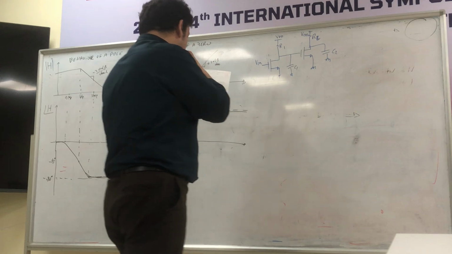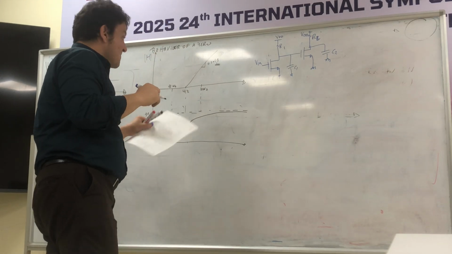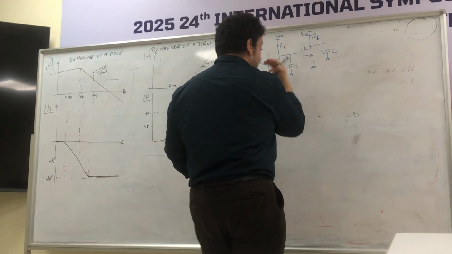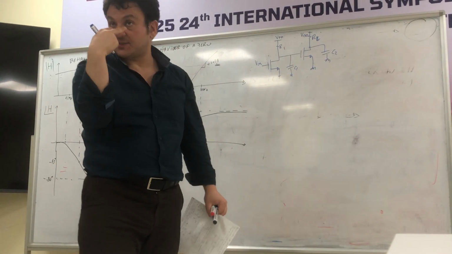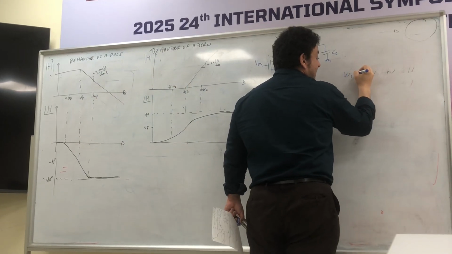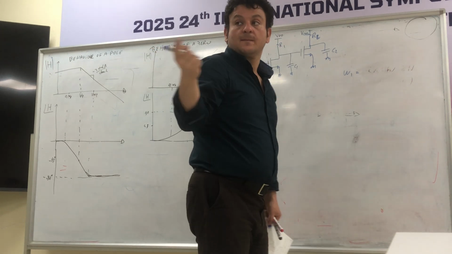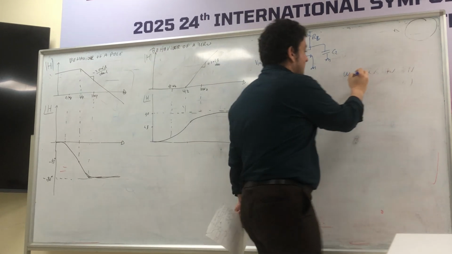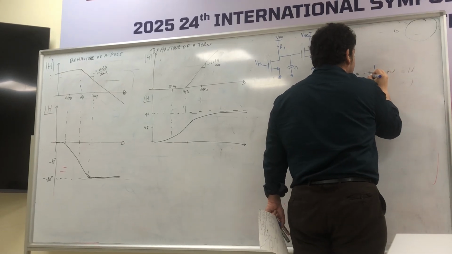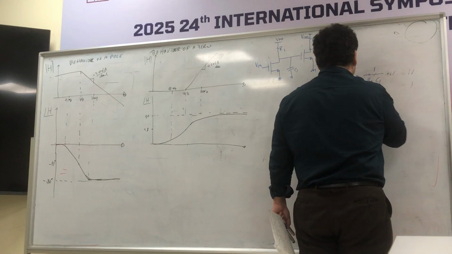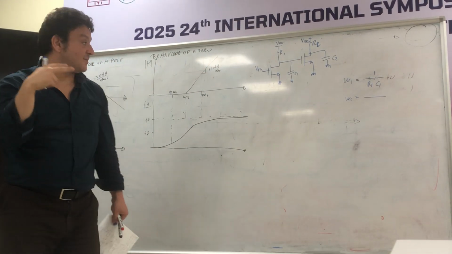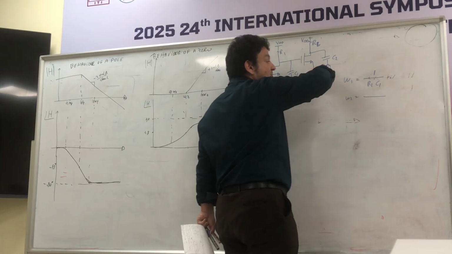Actually, what are my poles? Immediately at first sight, by inspection, what are my poles? Omega 1 is equal to 1 over R1 C1. Omega 2? At first sight, by inspection, I see here two main capacitors.